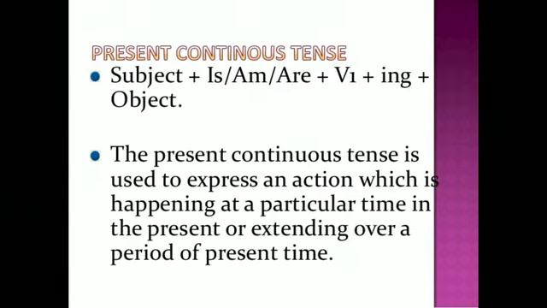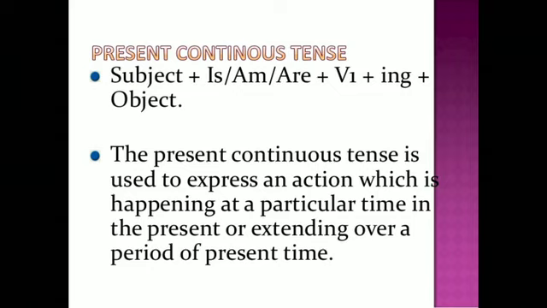Now we will talk about present continuous tense. So how do we form sentences in present continuous tense? Subject plus is, am, are plus first form of verb with an ing form, then object. So this tense indicates action going on at the present time of speaking.